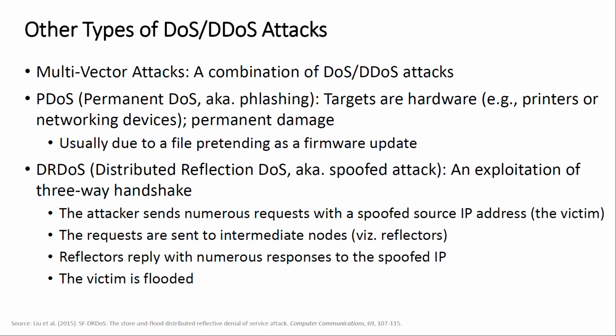The attacker sends numerous requests with the spoofed source IP address of the victim. The requests are sent to the intermediate nodes. These are called reflectors. Reflectors reply with numerous responses to the spoofed IP. The victim is flooded. Of course, routers and many middle machines during the communication have blacklists.